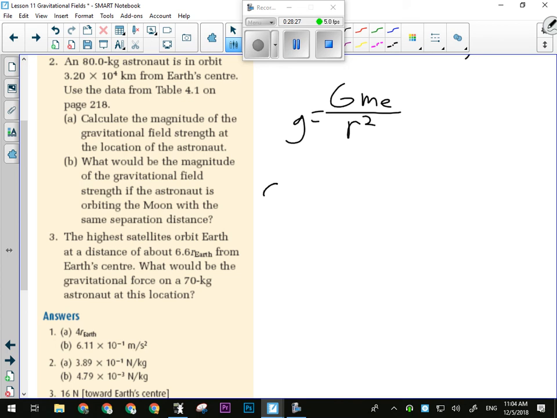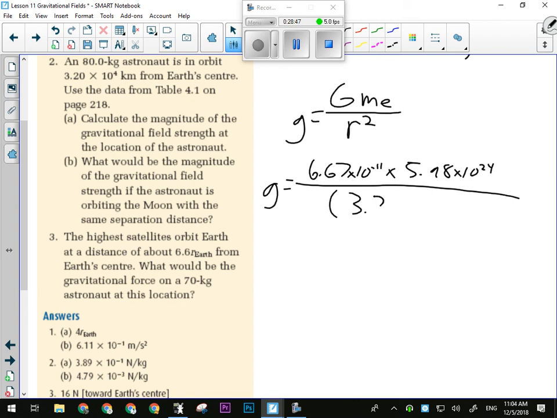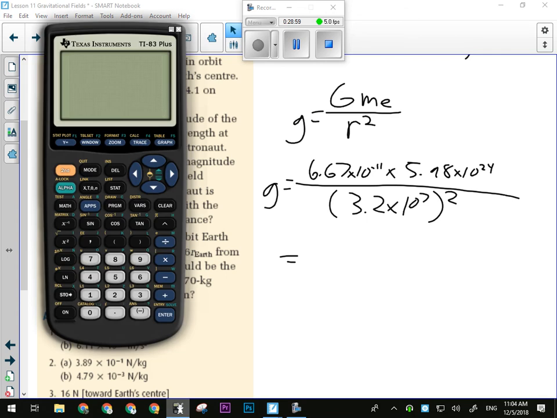When we plug in our numbers here, that's going to be 6.67 times 10 to the minus 11 times 5.98 times 10 to the 24, and then we're dividing that by this, but it has to be in meters because it's in kilometers here. It is from the Earth's center, so all I have to do is change the exponent. Not times 10 to the 6 squared, that's supposed to be a 2, squared, and then we should get around the same answer that they have there.